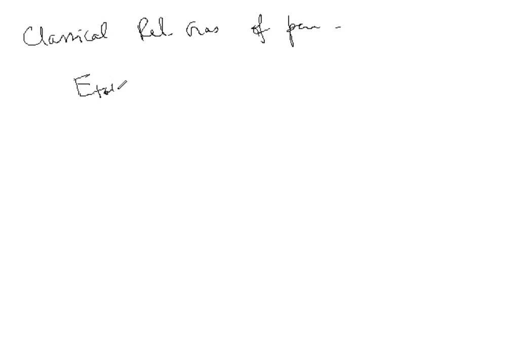Now there is something again related as well. You must remember that we discussed previously that for a classical relativistic gas of particles, what did we have? You remember we observed that E total is equal to 0.